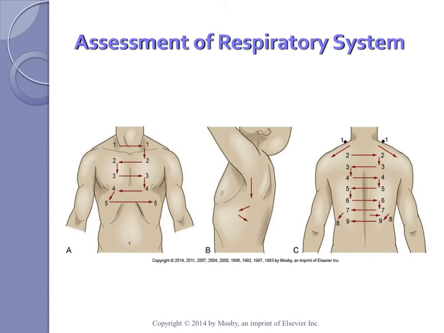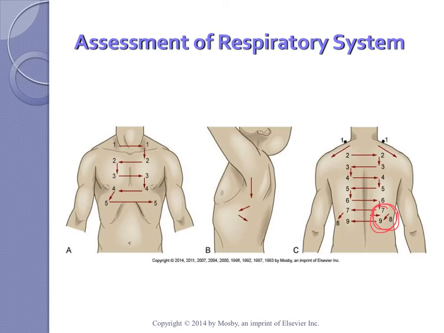So for example, if I hear fluid or crackles, which sound like taking your hair and rubbing it together, and I hear that in the back, and I hear that on the right side, I'm going to document that as crackles, posterior right lower lung field. So that means that I'm hearing it right about here.